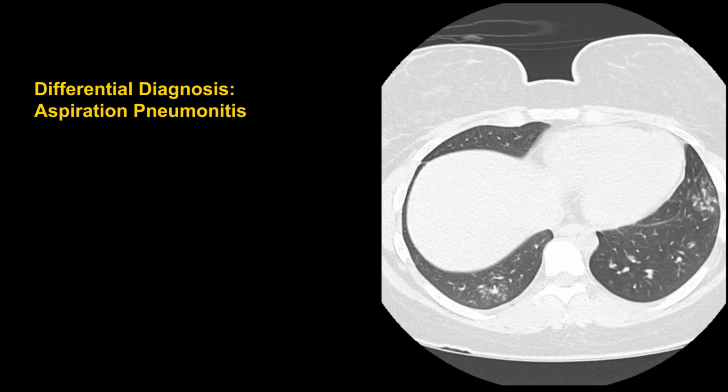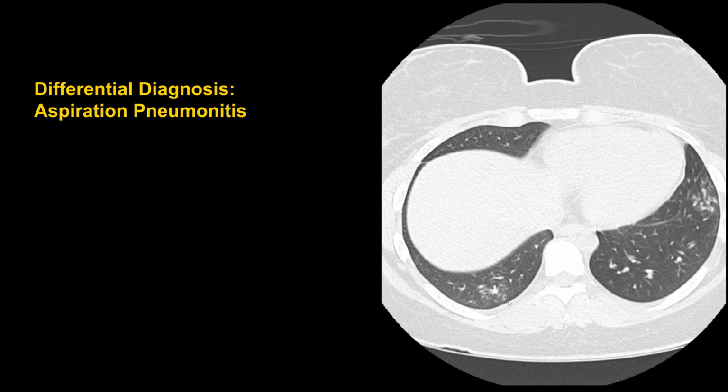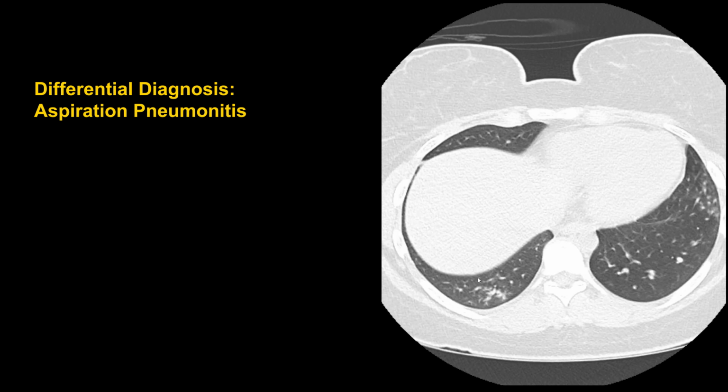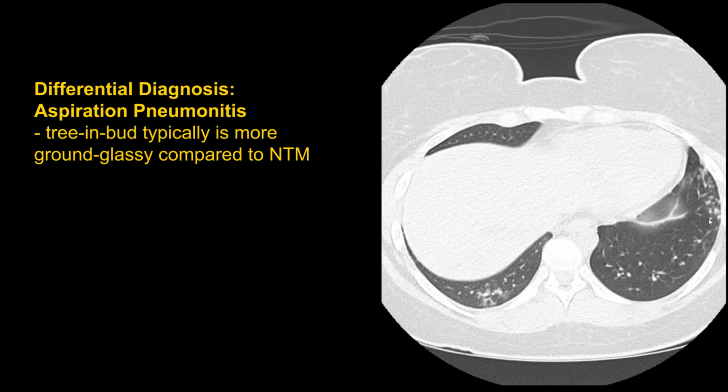Now, this could be a person who you might suspect nontuberculous mycobacterium, but there's a few key differences. One is that these areas of tree and bud opacity also have a little bit of ground glass surrounding the nodules. So to me, that is indicative not of a chronic indolent process, but a more acute process.